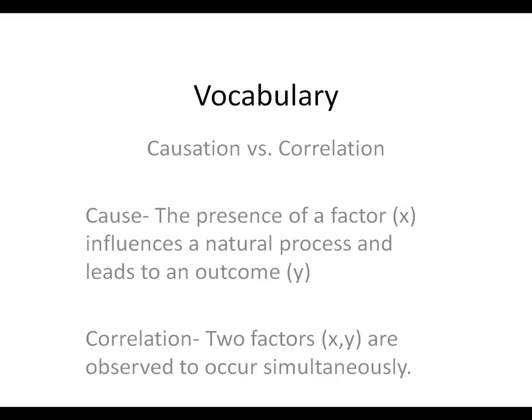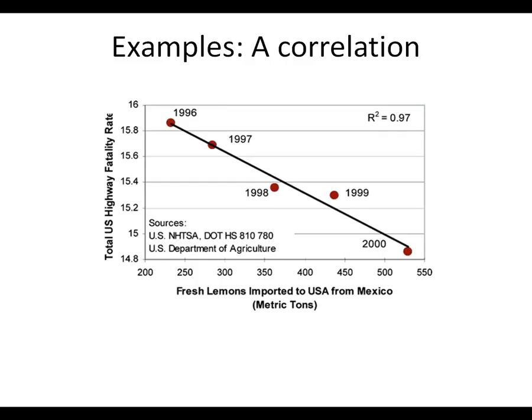That's what we want to prove. With a correlation, what you show is not that X causes Y, but instead you show that X and Y are present simultaneously. It's a subtle difference, but I hope that you'll see what the difference is.